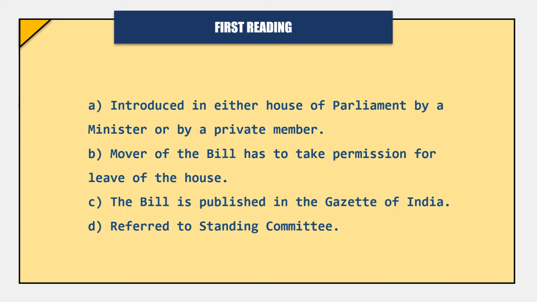If the leave is granted, the bill is introduced. If the leave is opposed, the chair allows them to make statements. That is, the opposer and mover of the bill have to put forward their respective points of view to the members of the House. Thereafter, the bill is put to vote.